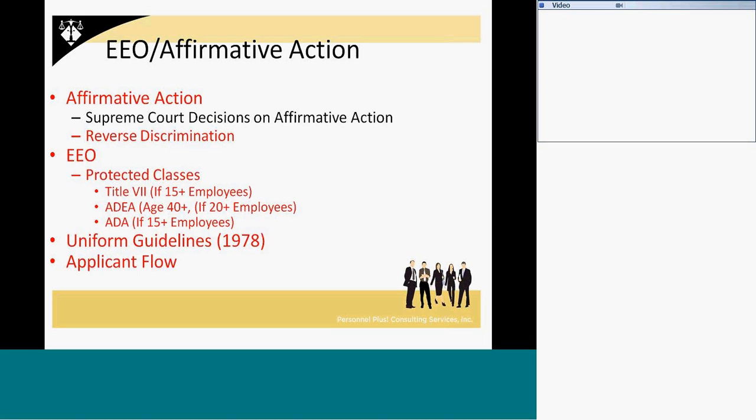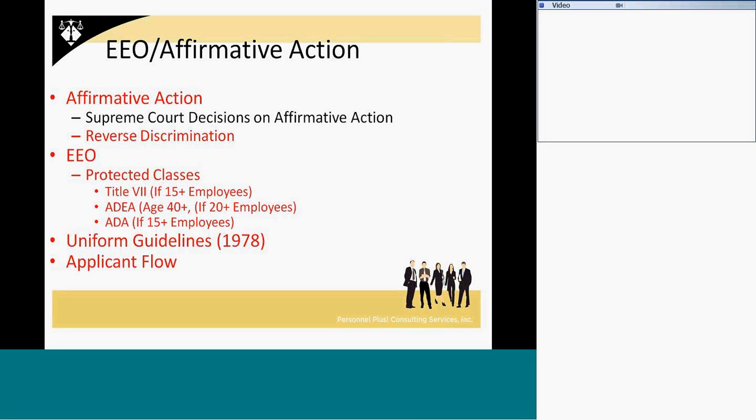Bakke had been an applicant, and in their desire to get more non-white students, the University of California had set up a quota system, and they had X positions for whites and X positions for non-whites. In his case, the quota for whites had already been used up, so that was an absolute bar to him being admitted to school.